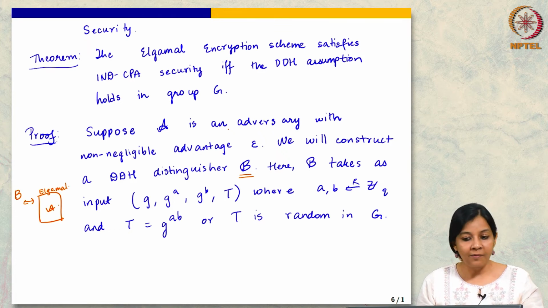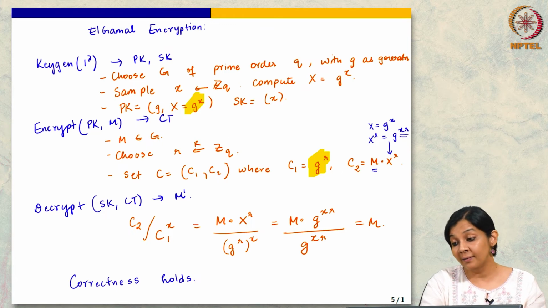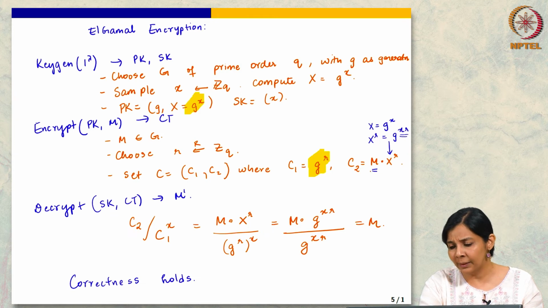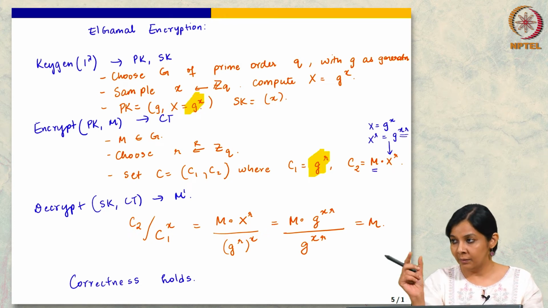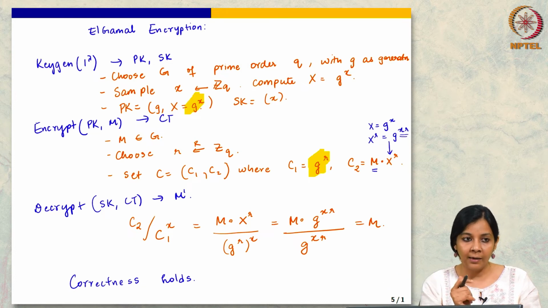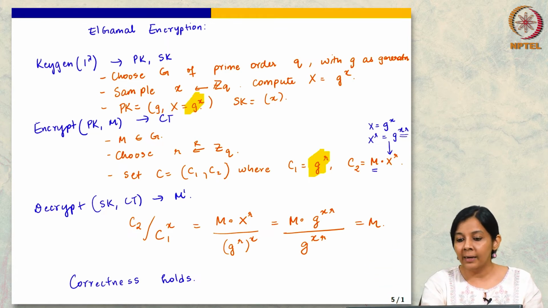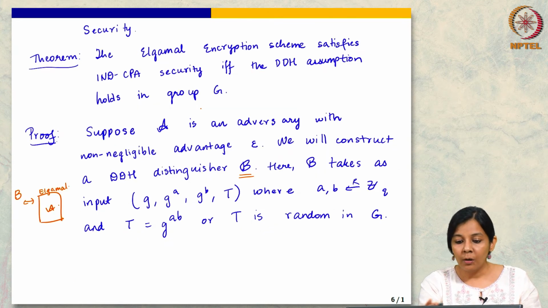When we looked at the scheme previously, we noted that the ciphertext looks like a DDH target element. So the public key contains one part of the DDH tuple. The DDH tuple, if I ignore G for a second, is G to the A, G to the B and G to the either A, B or C. The public key contains one of those things. So what should I do?